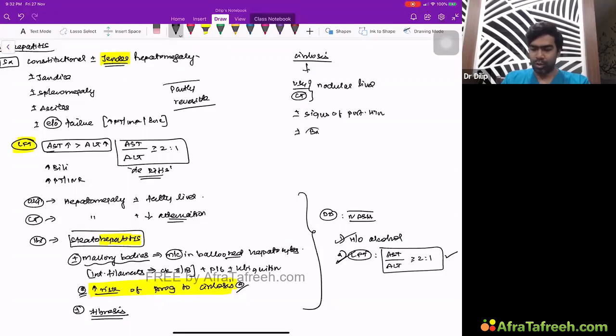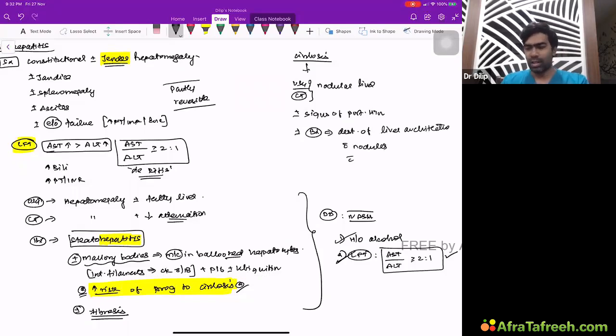When you do a biopsy, of course, you don't biopsy a nodular liver because you're not going to get anything. You'll see only destruction of liver architecture with multiple nodules, along with fibrotic collagenous bands. These are the characteristic features of cirrhosis.